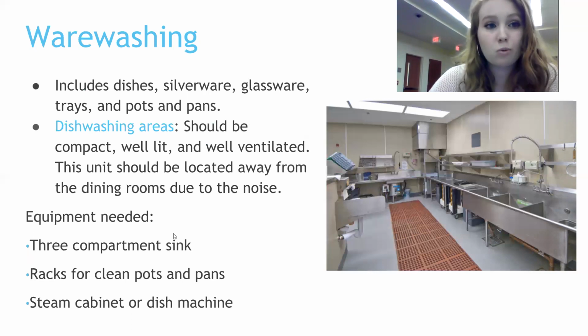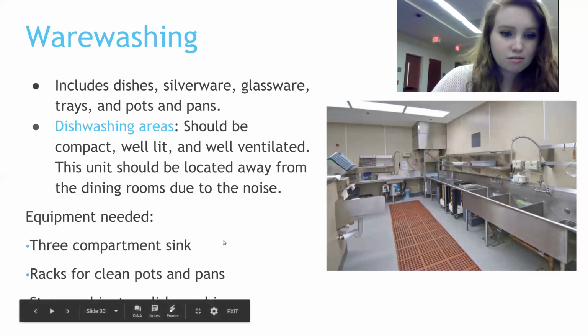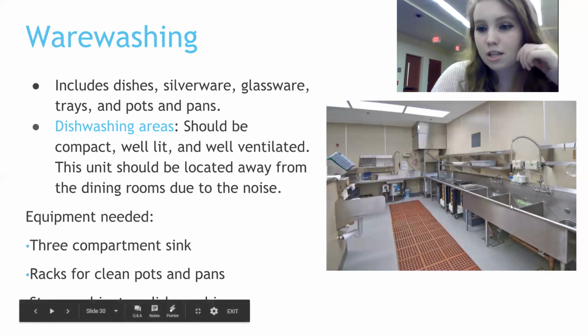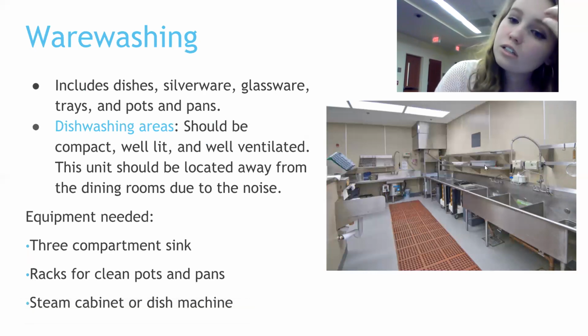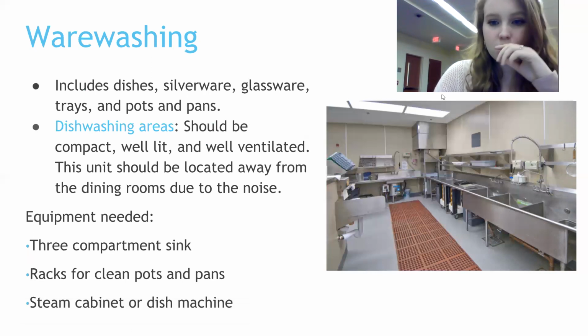The equipment needed in the ware washing station is a 3-compartment sink, racks for clean pots and pans, and steam cabinet. So you can see in the picture the 3-compartment sink over here on the right, and the racks straight above it for the clean dishes, and then the steam cabinet in the middle of the picture.